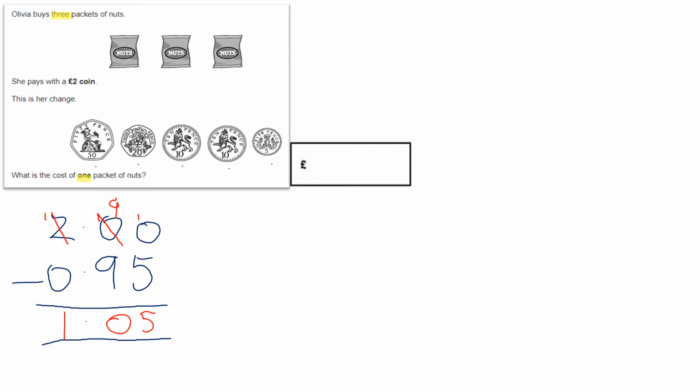The question says, what's the cost of 1 packet of nuts? So we take what she spent, £1.05, decimal points straight in, divided by how many packets she bought, 3. So here we go. Again, how many times does 3 go into 1? It is 0, but we carry the 1 over. How many times does 3 go into 10? That is 3.